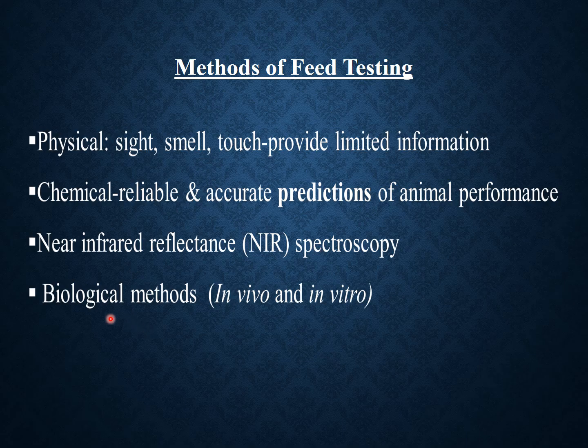The fourth one is biological methods. The biological methods are two methods: in vivo, when you use the animal directly, with a feeding trial or feed experiment, feed the animal, and get the results of the experiment from this animal, so it's called in vivo.